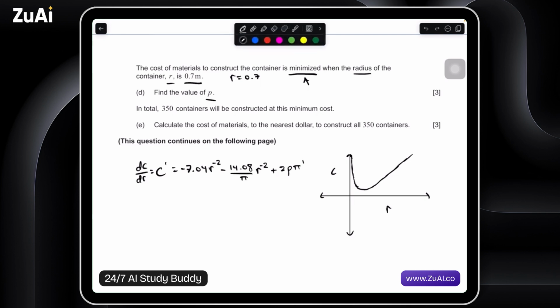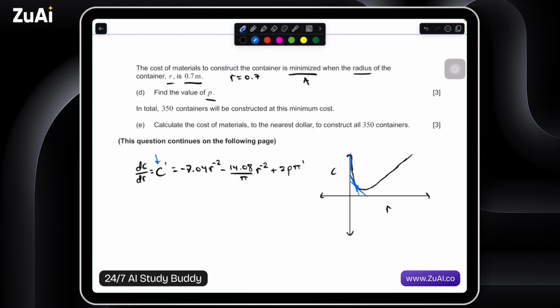And what do we know? The derivative itself gives us the slope of a line at a point, or the slope of a tangent line at a given point. So if we're looking at this point right here, for example, we have a negative slope. And if we look at this point right here, again we have a negative slope. But this point right here, a little further on, we have a negative slope.